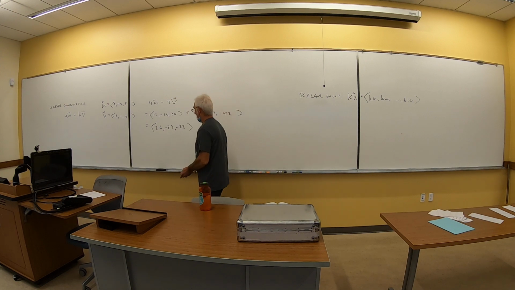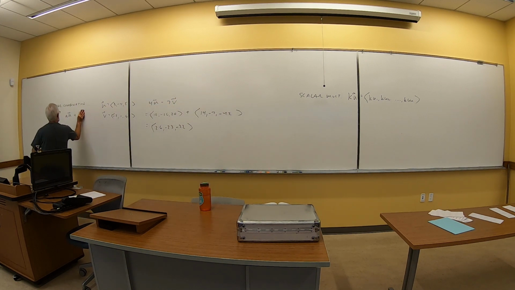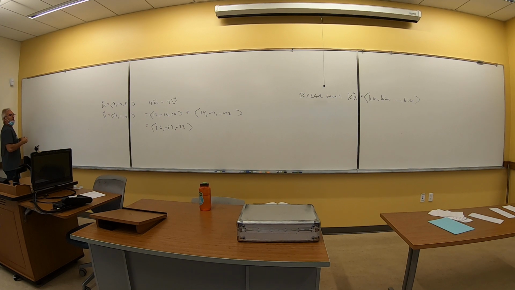Now, sometimes we can have a problem that's a little more complicated than that. And I can ask something like this. Let me start with V1 is (2, -3, 4). V2 is (-1, 4, -6). V3 is about (0, 5, -2). Okay? And now the question I might want to ask is this.